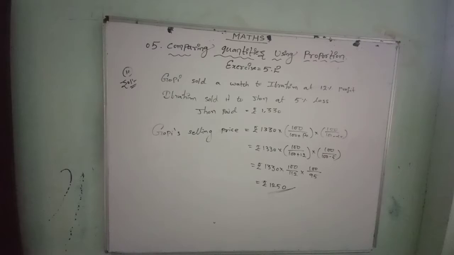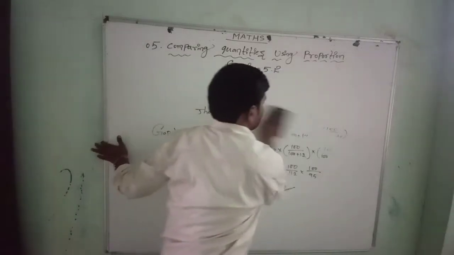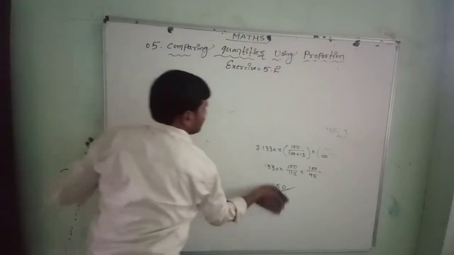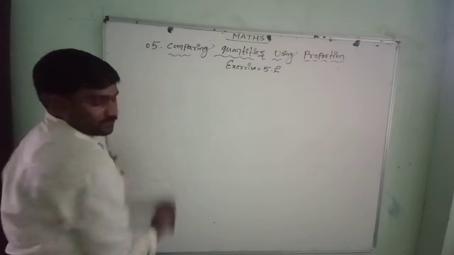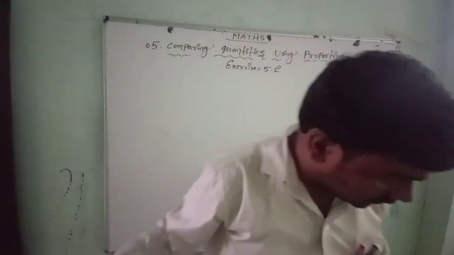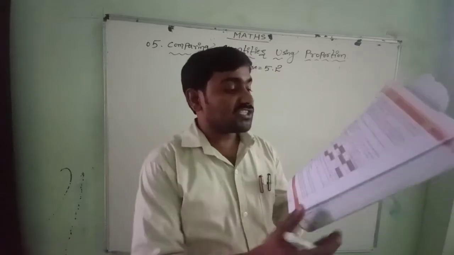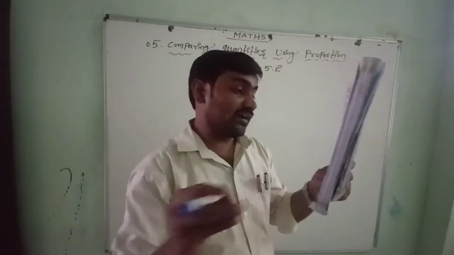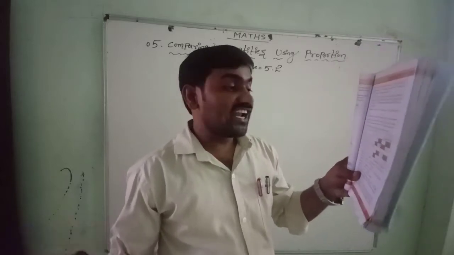Then we go for the next question, that is the 11th question. Madhu and Kavita purchased a new house for rupees 3,20,000.